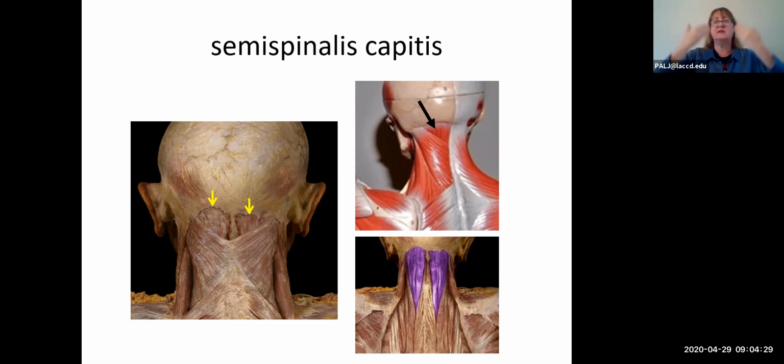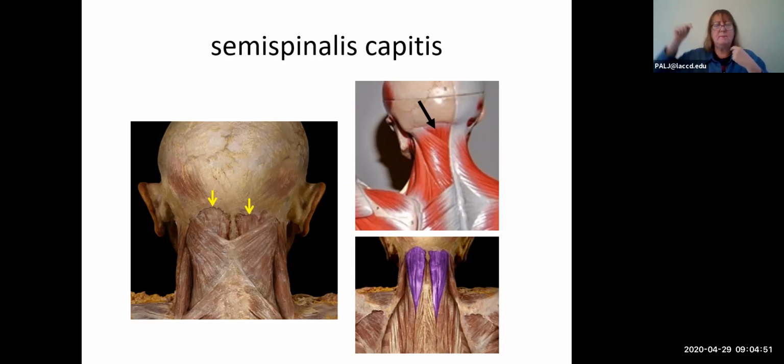And remember, neck extension is when you're in anatomical position, and hyperextension is when you are looking up at the sky. So the semispinalis capitis helps you with neck extension. And they're going to be the deepest muscles in the posterior neck that we're going to see.